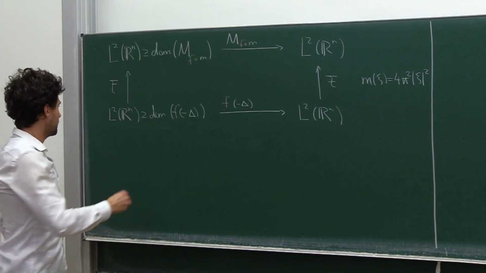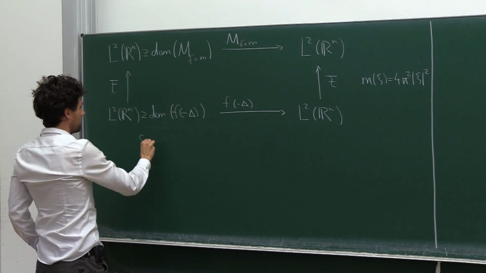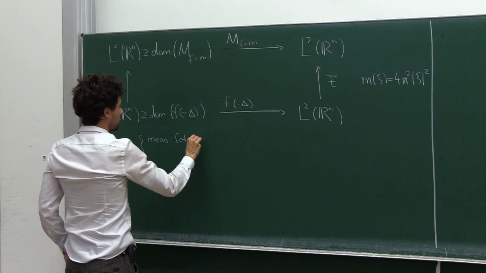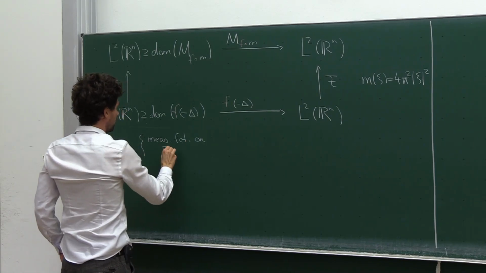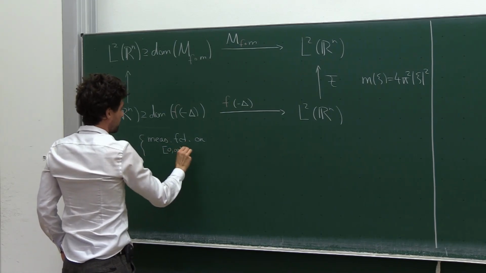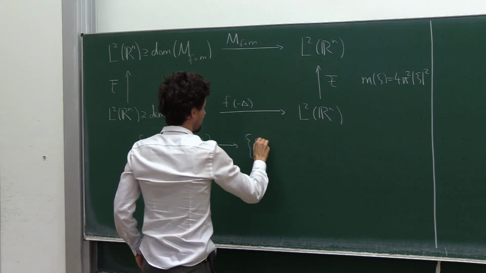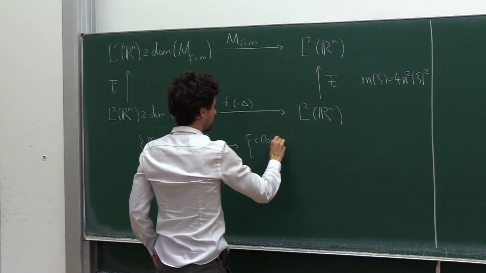Okay, and so that gave us a map taking measurable functions on positive numbers to closed operators in L2.